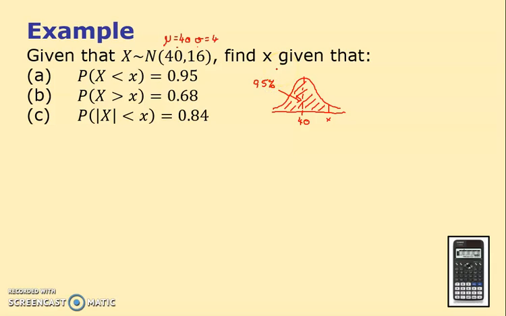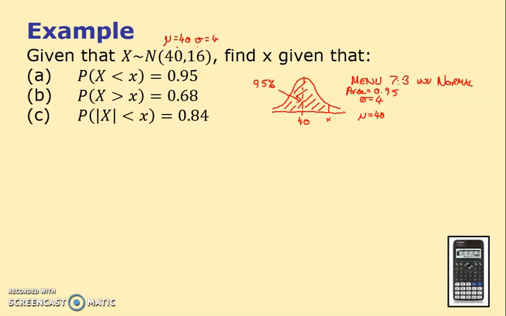So again, I'm going to type in menu 7.3 inverse normal, and I will type in sigma equals 4, mu equals 40, and the bit I've missed out, of course, is this bit that goes first. Area equals 0.95.